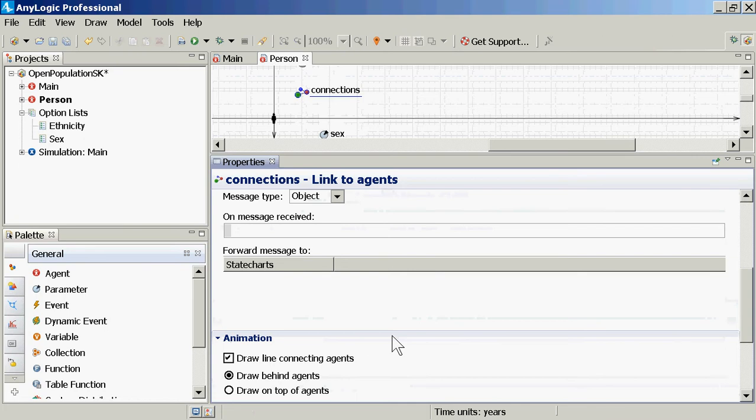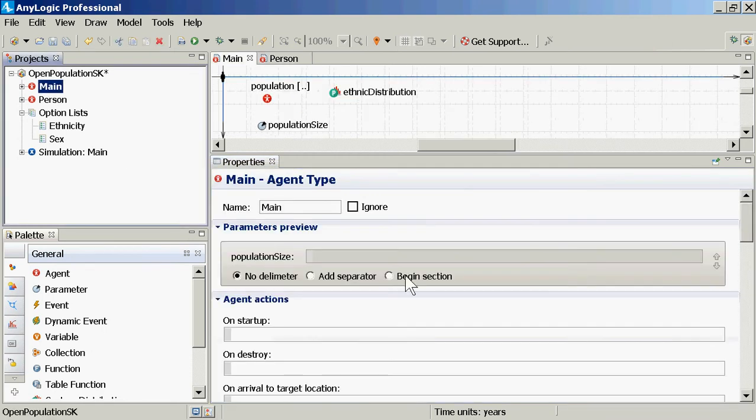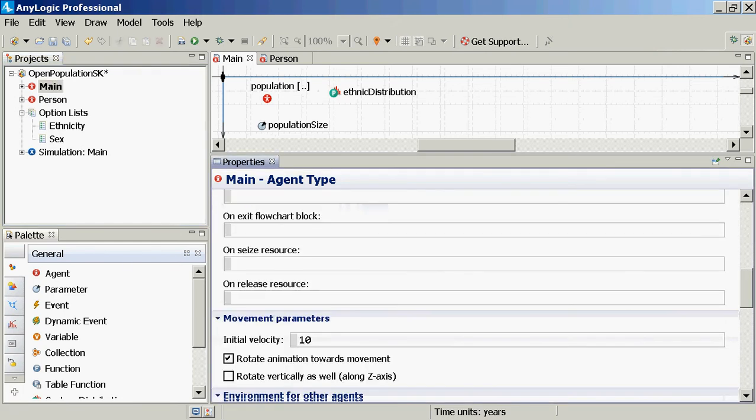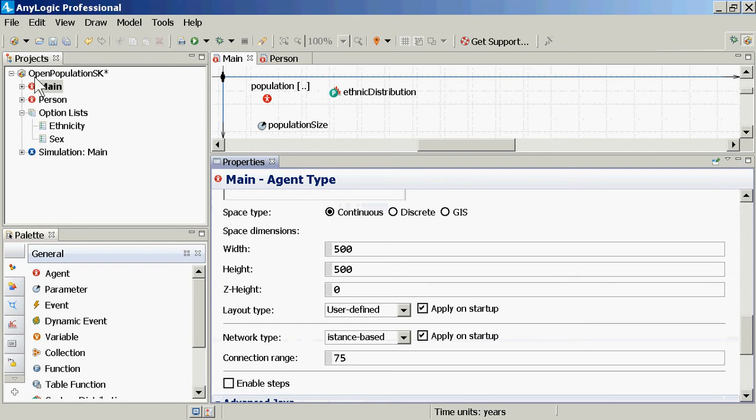Sure. So what did I do here, folks? I went to main. I'm trying to add in a network. I do three things. Remember these steps. To add a network, I can go down in the class that encloses the population of interest, and I can tell it what sort of network I want to impose and the parameters of that network, things like connection range.